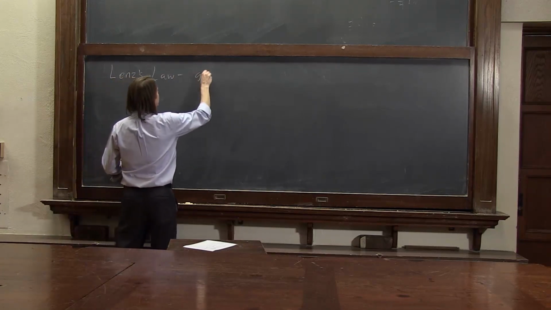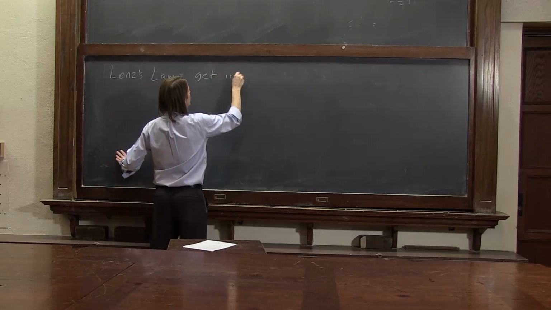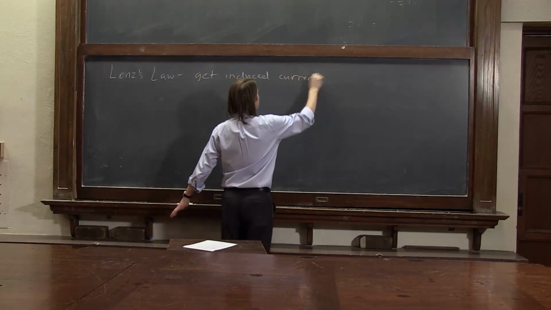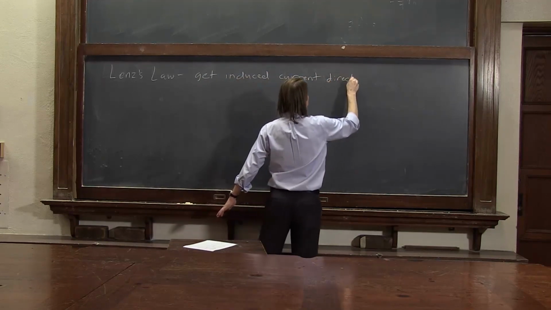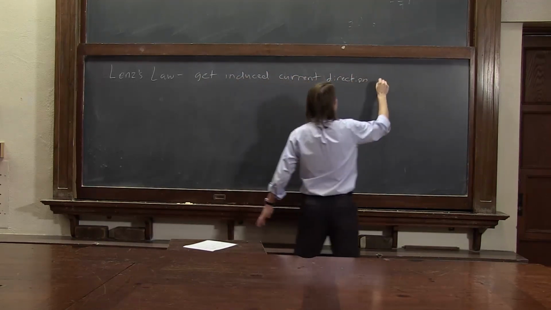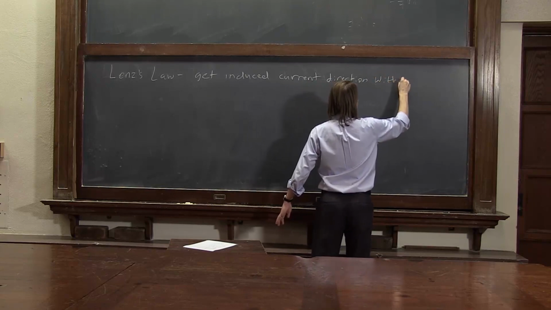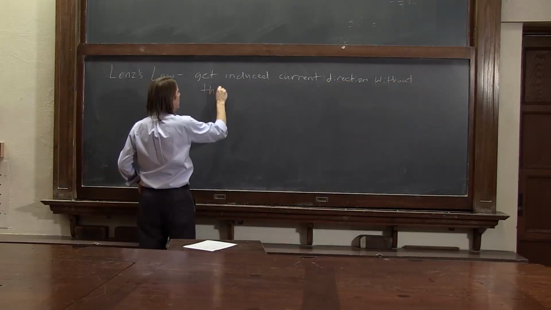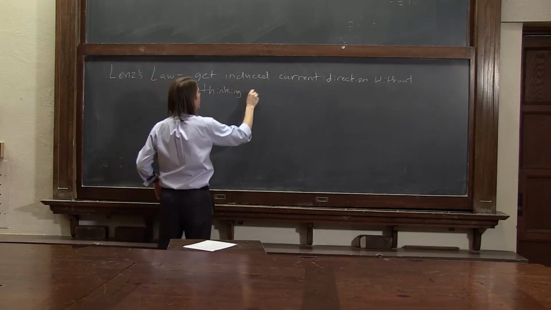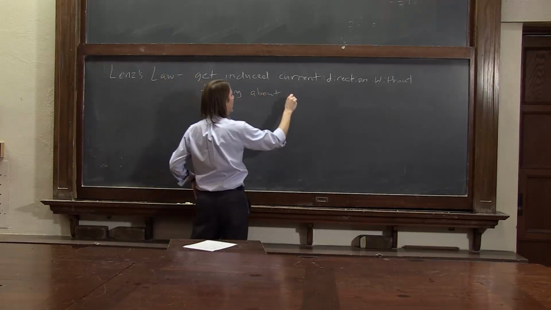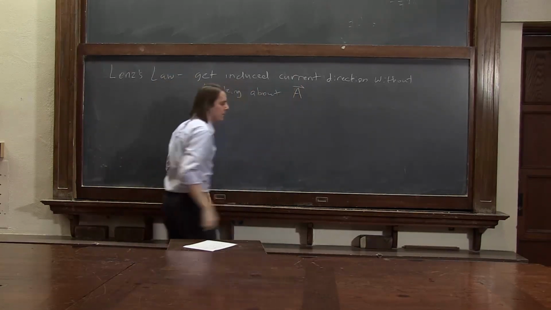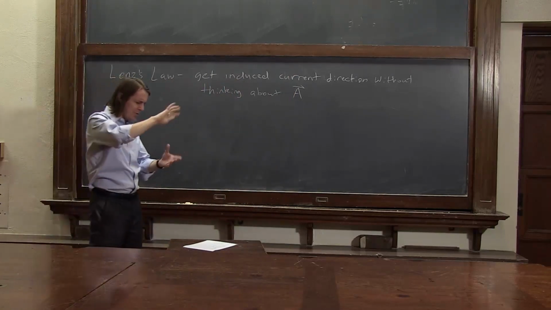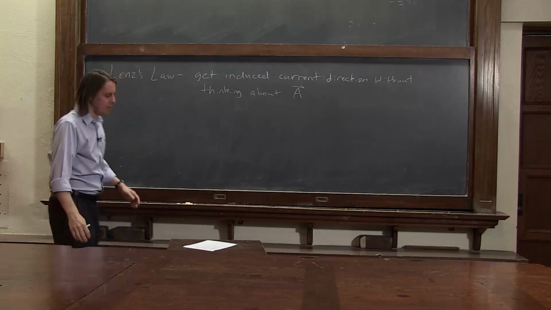Basically, it's a way to get the induced current direction without thinking about A. So there's always that step where it's like, which way was A, which way is the current positive? You can skip all that if you use Lenz's law.